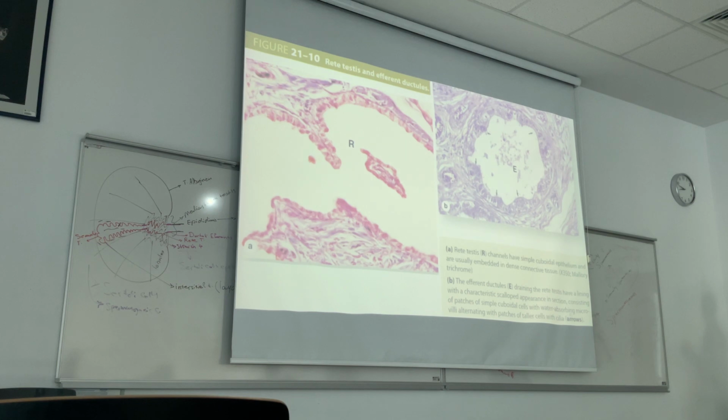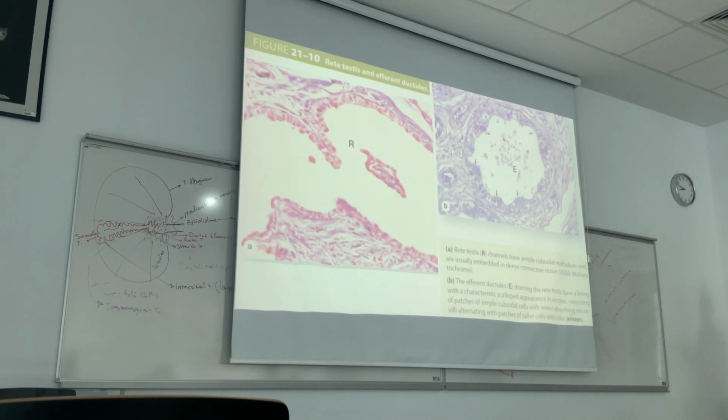Because of these differences in the height of the cells, you can see this special shape in the wall of ductuli efferentes. But in some other structures like ductus deferens and glands of the prostate, you can see the same shapes.